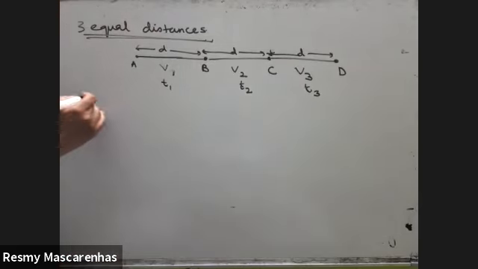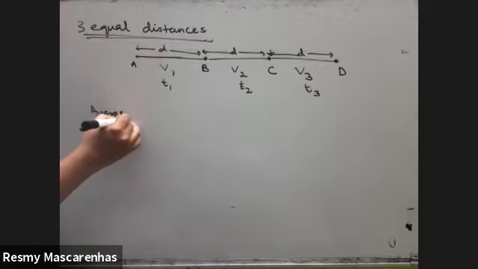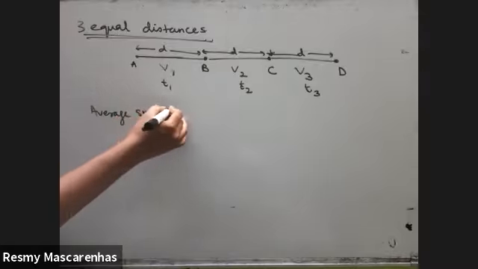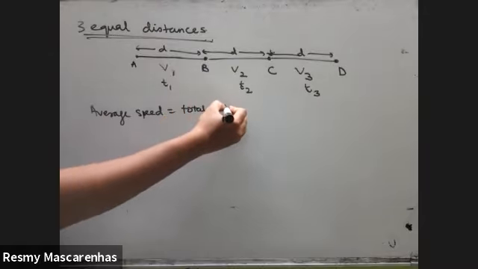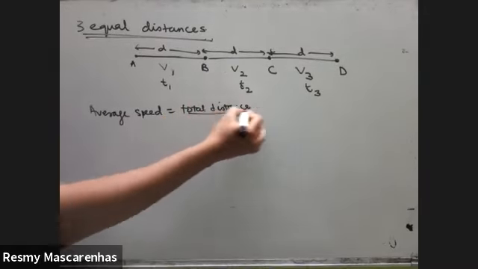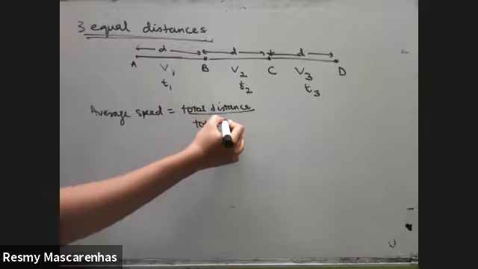So average speed would be total distance upon total time.